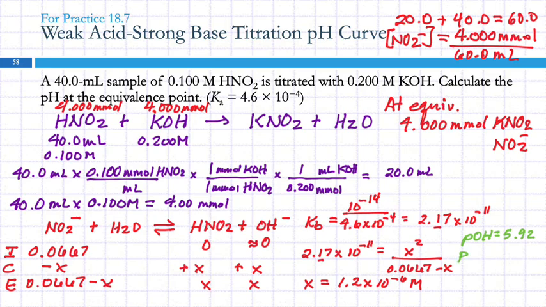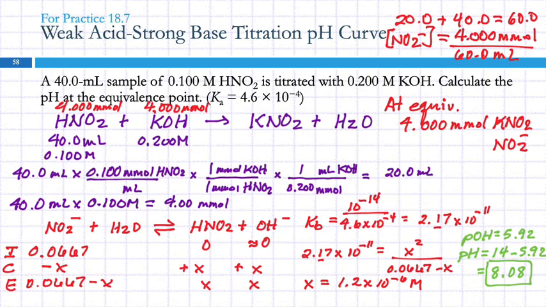And then pH is 14 minus 5.92, which is 8.08.